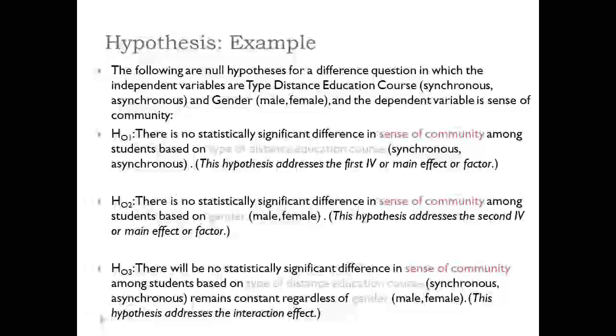You then would have one second order interaction hypothesis that considered all 3 variables. So each time you increase your independent variables, you increase the number of main effect hypotheses and first order hypotheses that you're going to write.